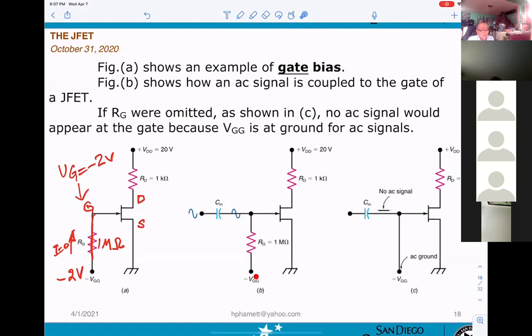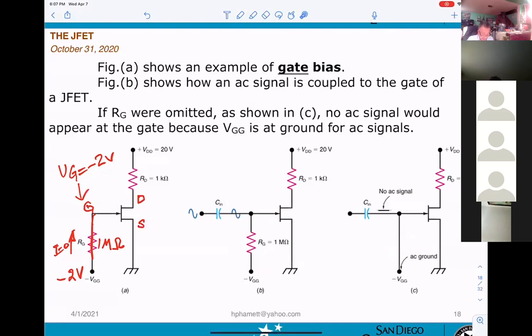You don't have any more signal. So that's why the resistor is required here. When you ground the VGG here, the signal still goes into the gate. No AC signal if you don't have a resistor here, because it will be AC ground.